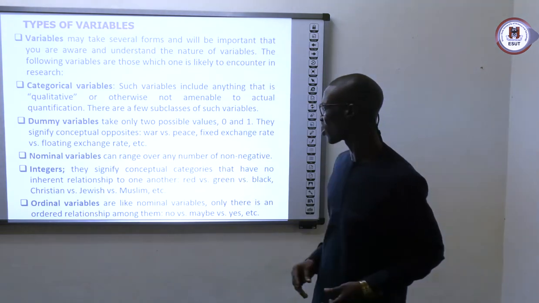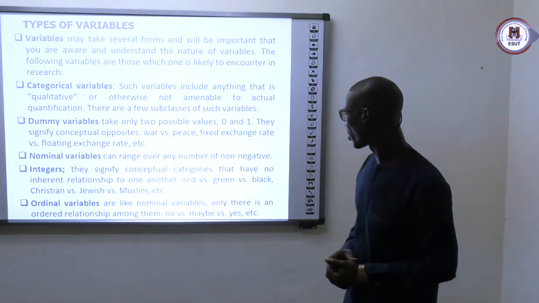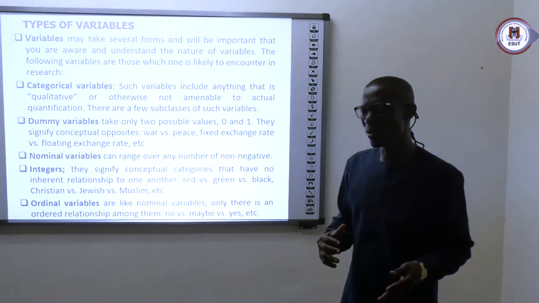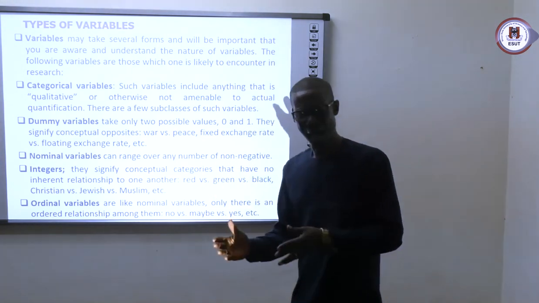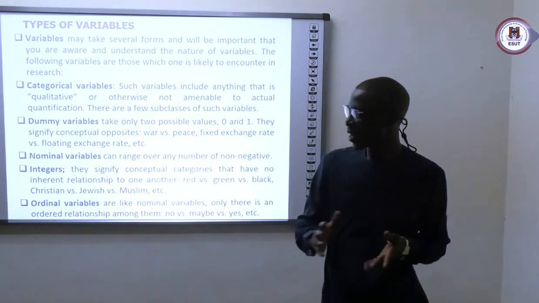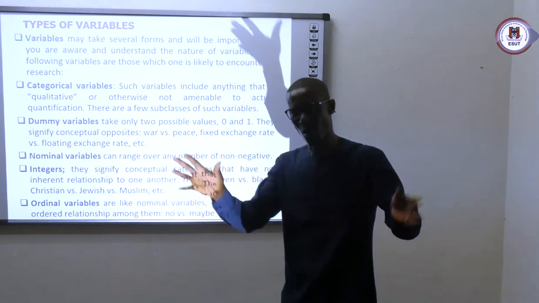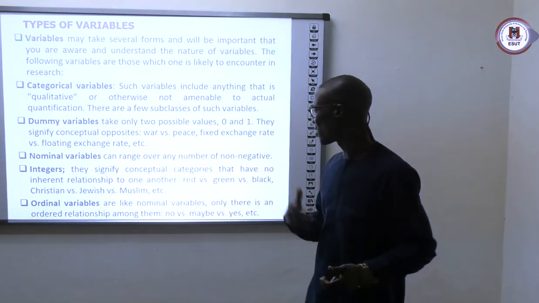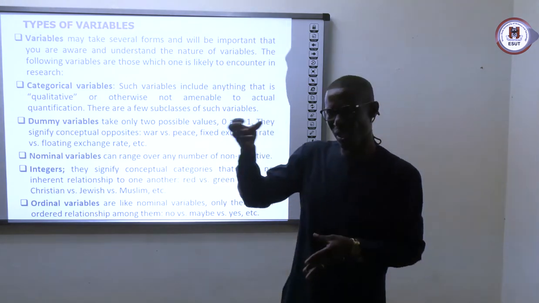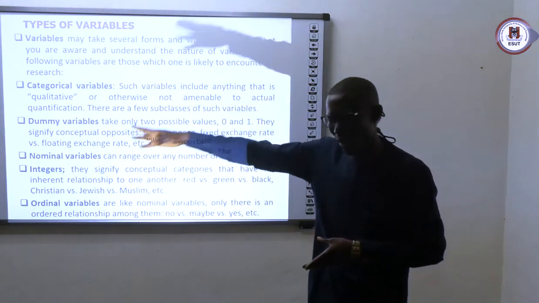The next is the nominal variable. As the case may be, nominal variables are always non-negative. They may be integers, but they are non-negative. For a variable to be nominal, it must be non-negative. The next is the integer variable. An integer variable is sometimes a point variable, a discrete variable. It must not have fractions.